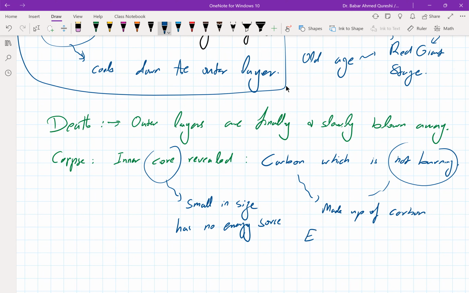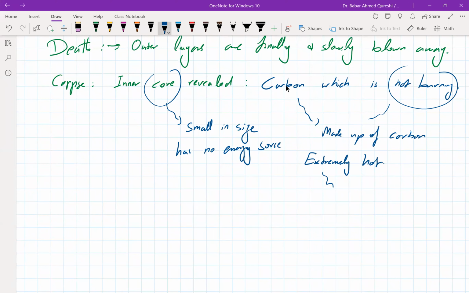But it's extremely hot, because it has crossed helium burning temperatures. By the way, whenever I say burn here, it's not chemical burning. I'm talking about nuclear burning, which occurs at very high temperatures. So it's very hot, and it's very small in size.